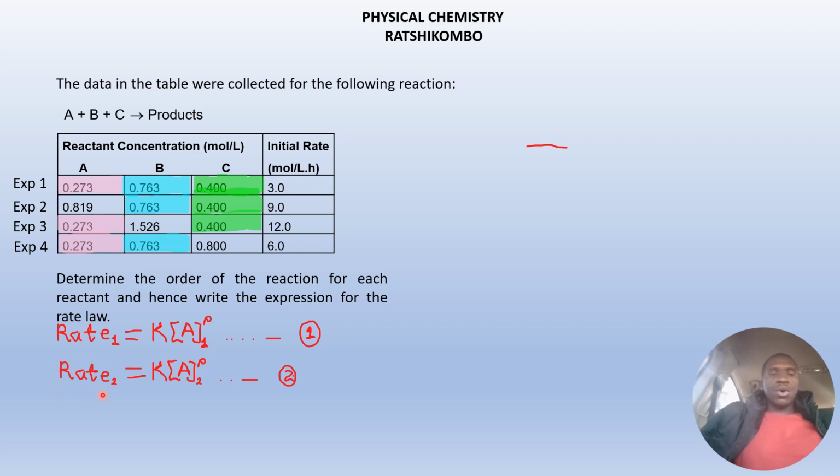The rate 2 is the rate for experiment 2. Experiment 2 is this one. These are concentrations, concentrations, concentrations. This is the rate that I'm talking about, which is going to be rate 2. So let's divide and find out what we are going to find.